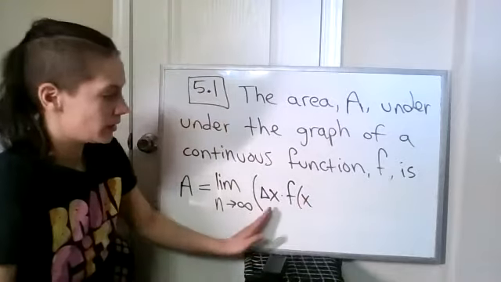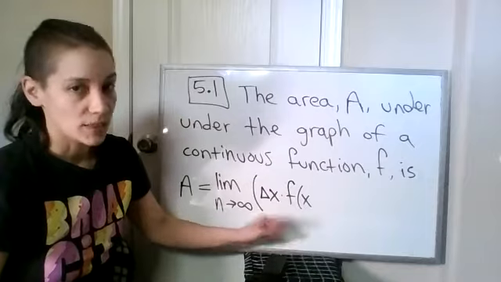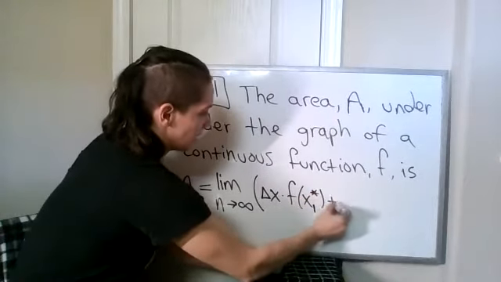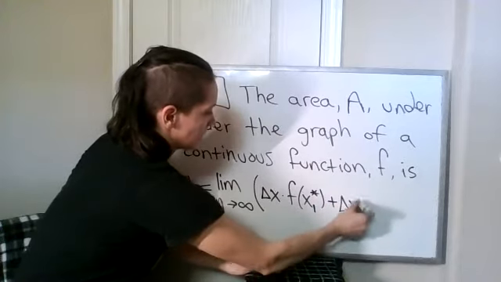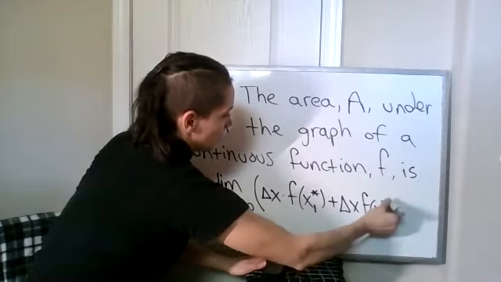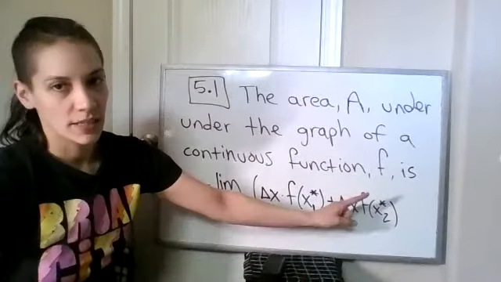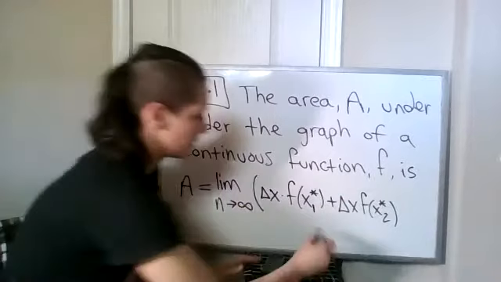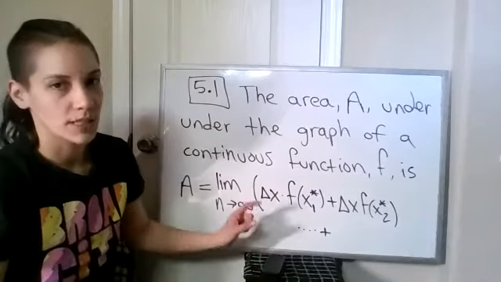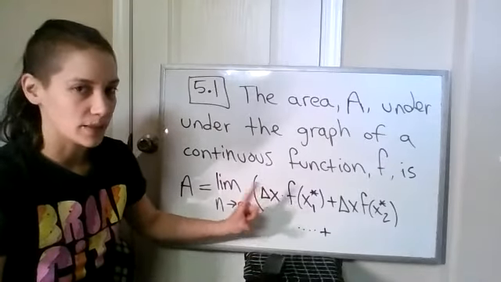So this first one would be f of x sub 1 star, add delta x f of x sub 2 star. And then you continue to add till you get to the last rectangle, which is width delta x and height f of x sub n star.